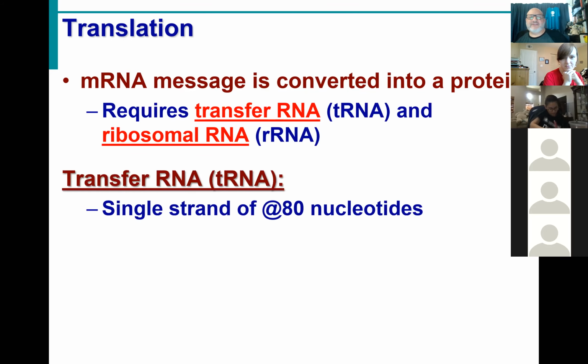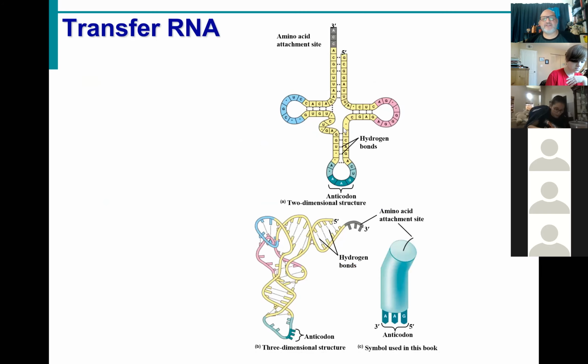The first of these is transfer RNA, which once you've written it out once, you can abbreviate tRNA. It is the smallest of all of the RNAs, only made up of about 80 nucleotides. We can take a look at it here. Notice this is the secondary structure.